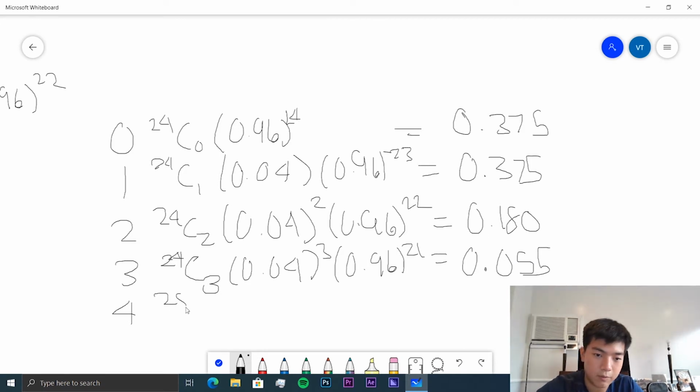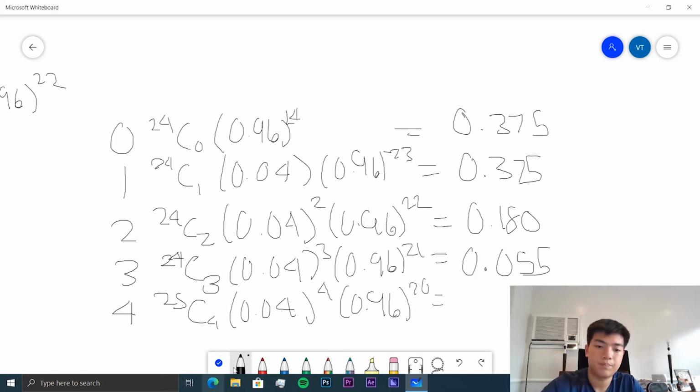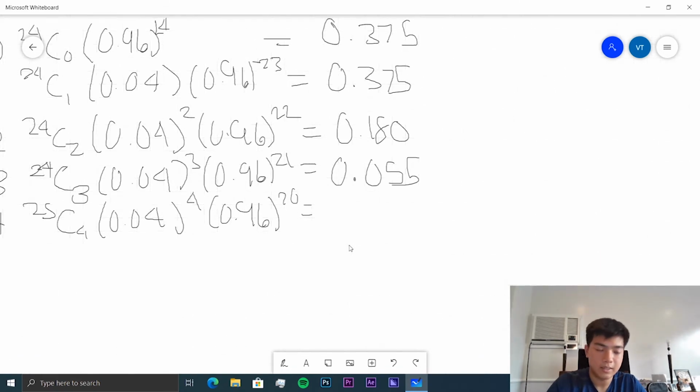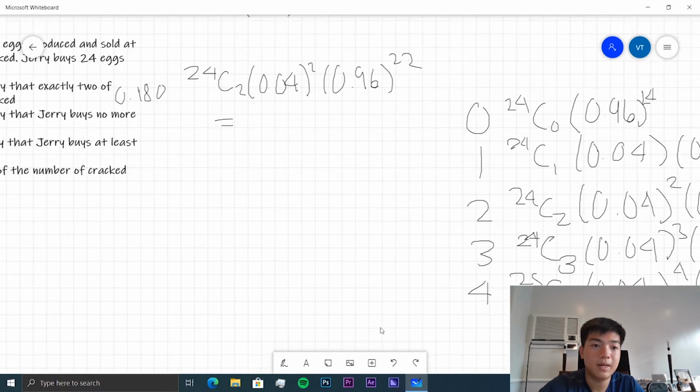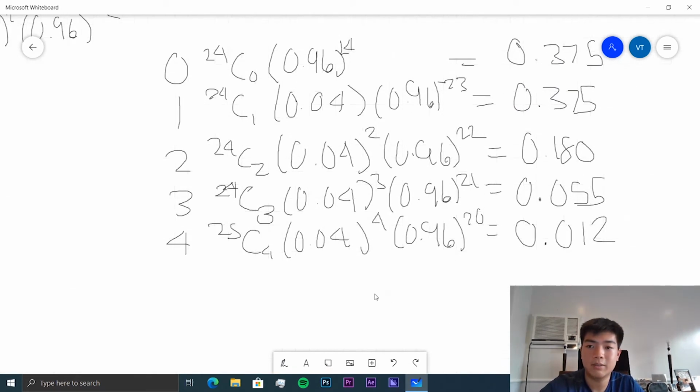And then this is 24 choose 4 times 0.04 to the power of 4 times 0.96 to the power of 20, which is equal to around 0.012.